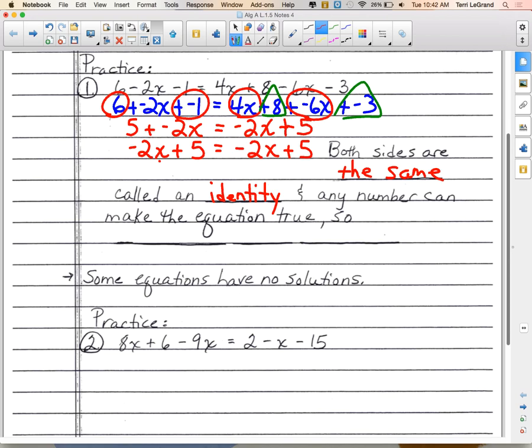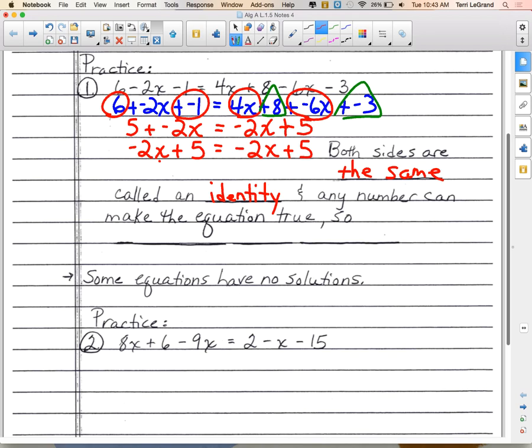Do you think we can name every solution that possibly would make this true? Do you think you can come up with one that would not? Anybody think they could come up with one that would not make it true? Why not? Because they're both the same. Whatever happens on one side is going to happen on the other side. They're going to keep matching each other, aren't they? No matter what we put in there, they're going to keep matching each other.